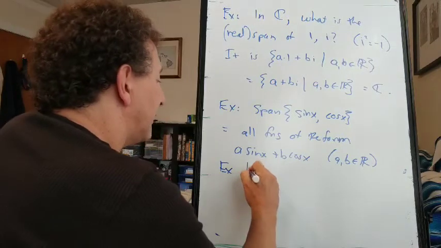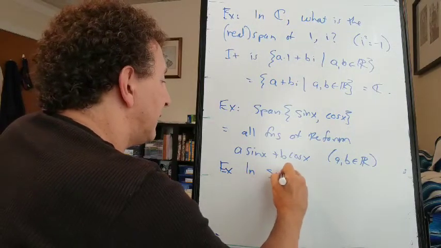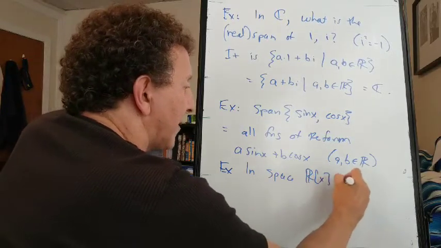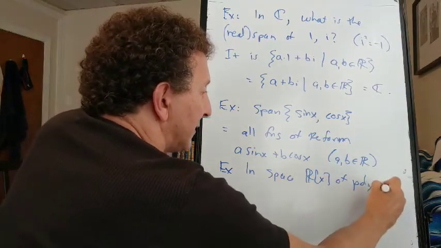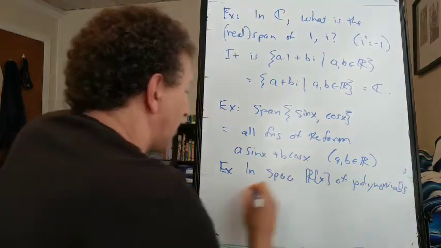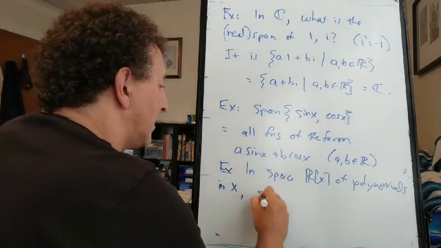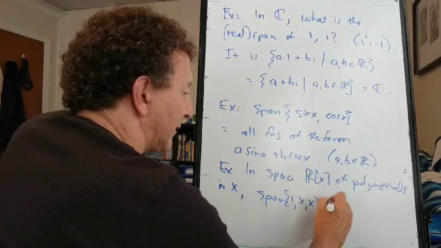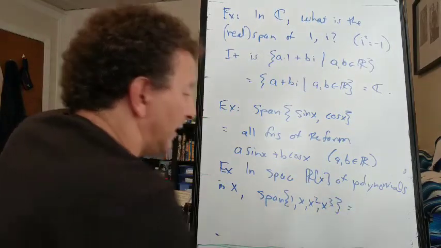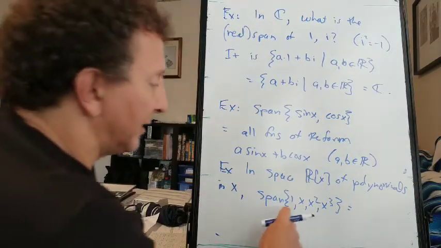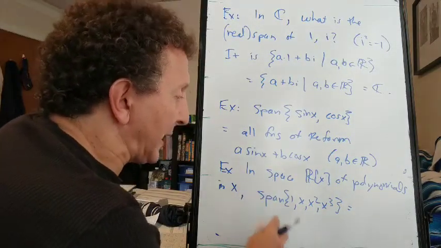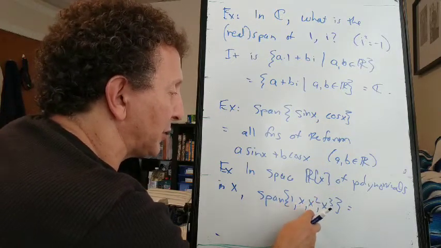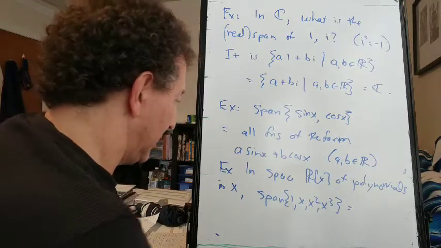If we look at the space R[x] of polynomials in x, the span of 1, x, x squared, x cubed is all the things you can get by taking a multiple of 1 plus a multiple of x plus a multiple of x squared plus a multiple of x cubed.